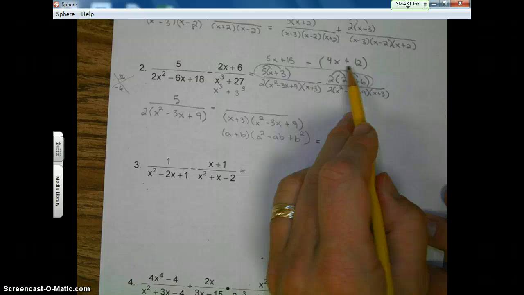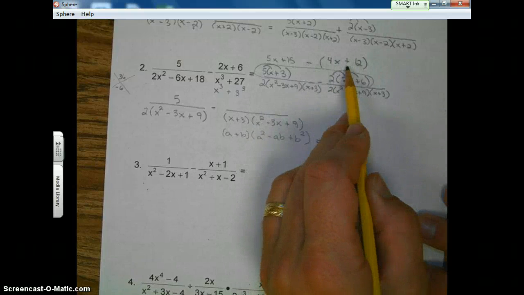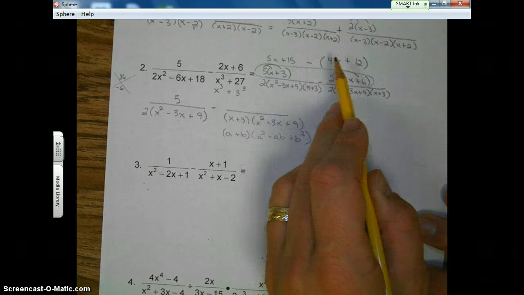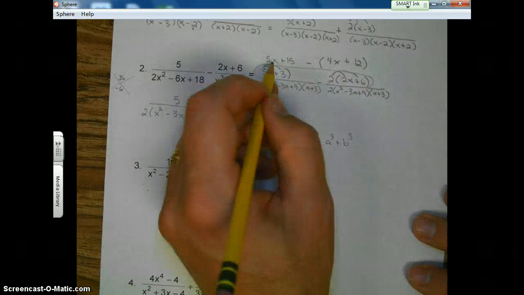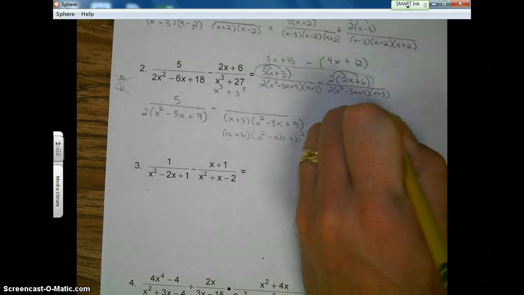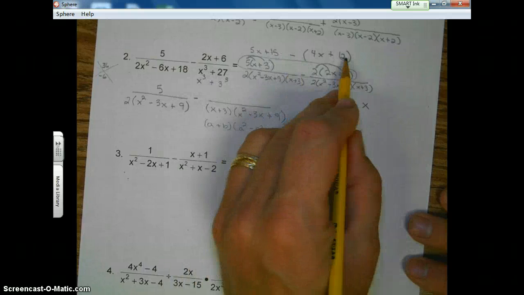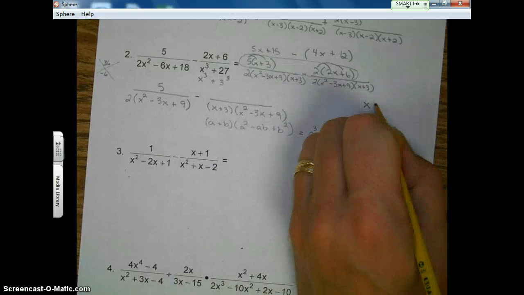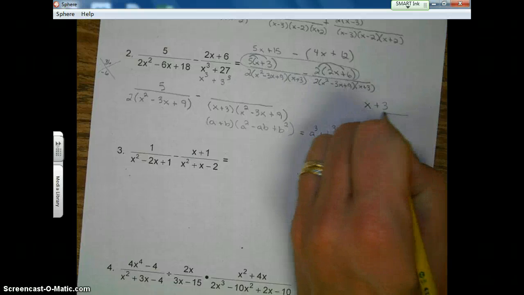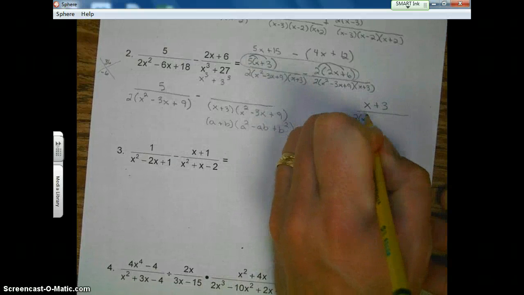Notice I kept it in parentheses because we're subtracting a group. So we're subtracting both terms. So 5x minus 4x is 1x. 15 minus 12 is 3. And then we put that over our common denominator.